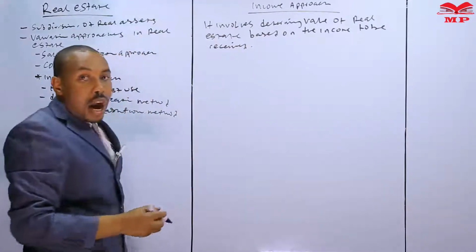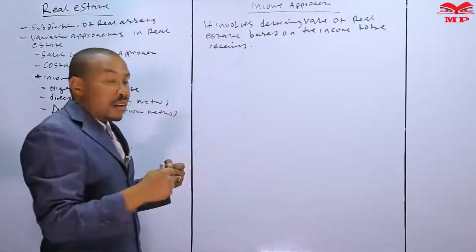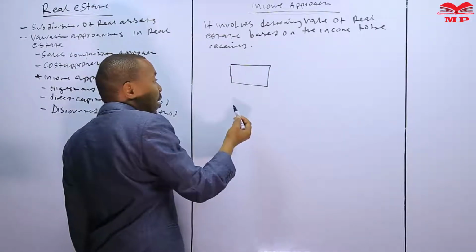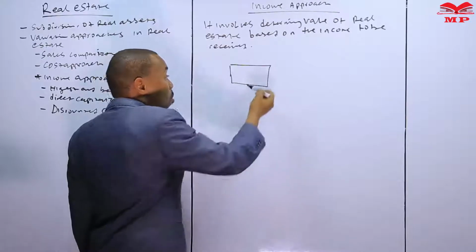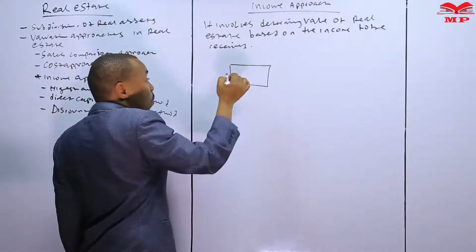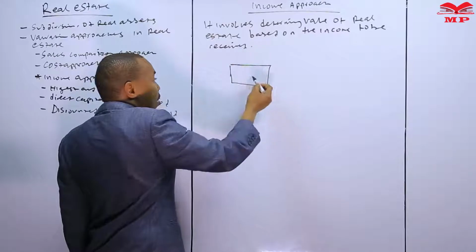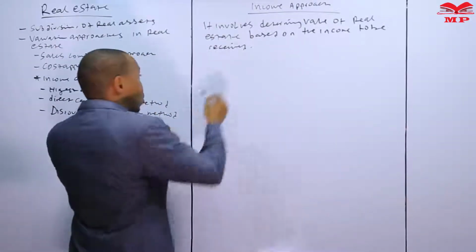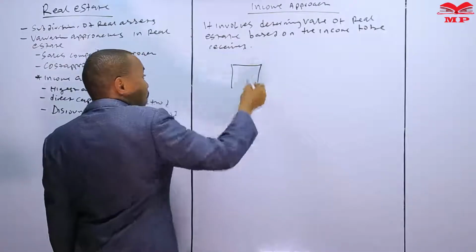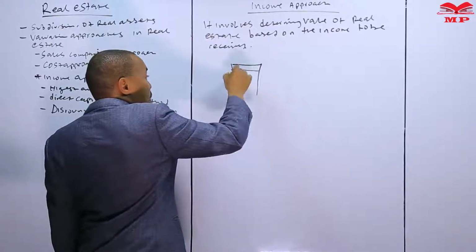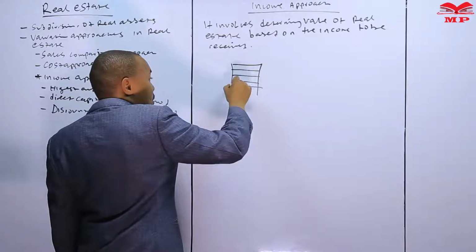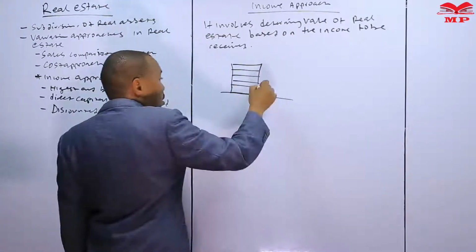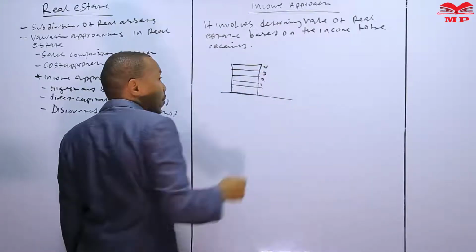Under this approach, how much money is coming in once the property has been created? Let's say, for example, this is a building with specific floors: the ground floor, first floor, second floor, third floor, and fourth floor.